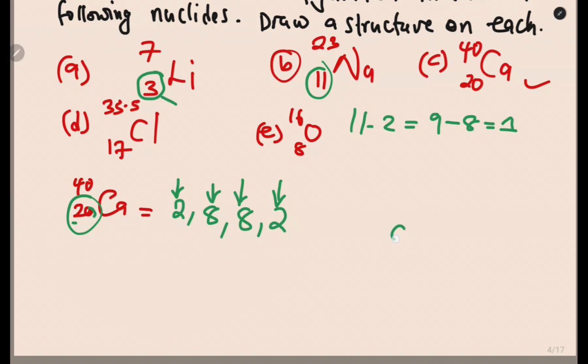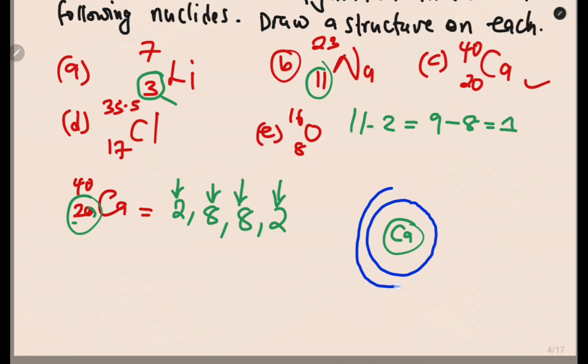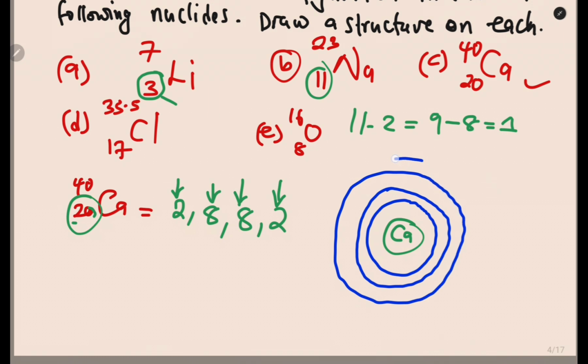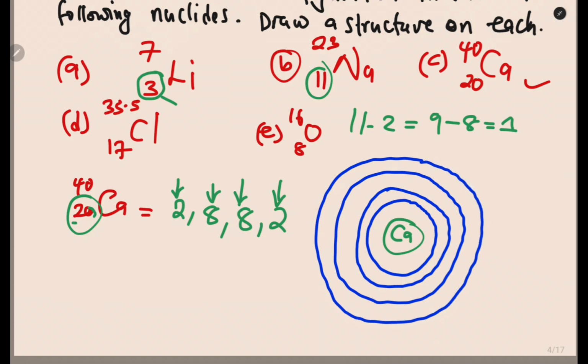So calcium, Ca, around its nucleus, we are going to have 4 circles. This is the second one, this is the third one, and this is the fourth one. I guess I've put 4. Let me use crosses for electrons. In the first shell I've put 2.